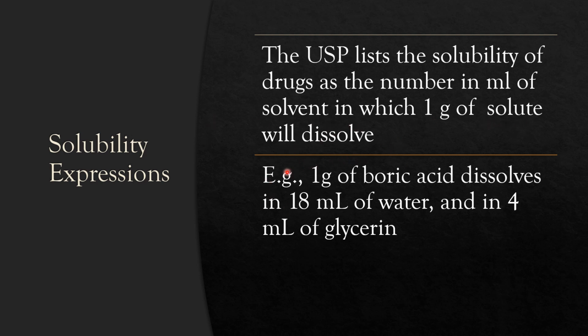An example of this is 1 gram of boric acid dissolves in 18 mL of water and 4 mL of glycerin. This boric acid refers to our solute, and the water and the glycerin refer to our solvent. This is an example of solubility expression by the United States Pharmacopoeia.